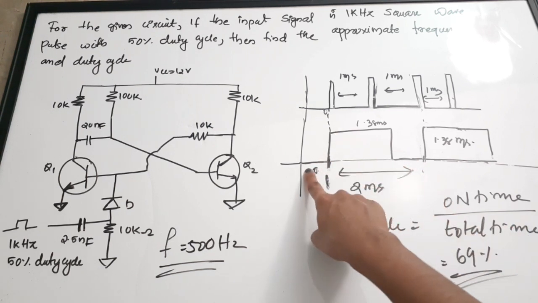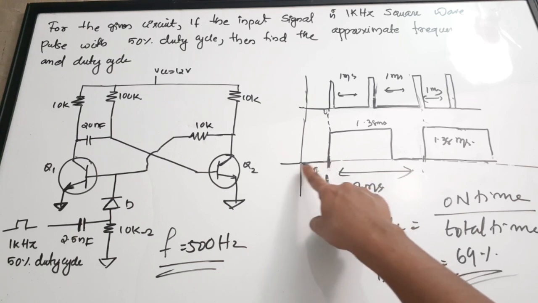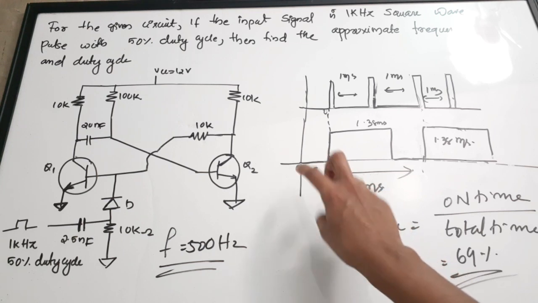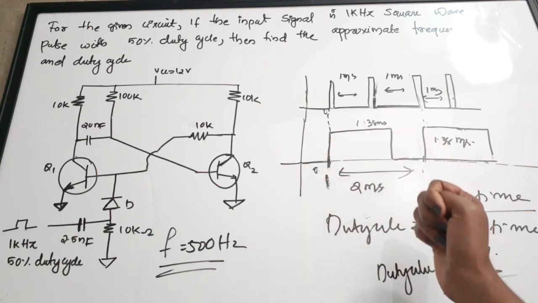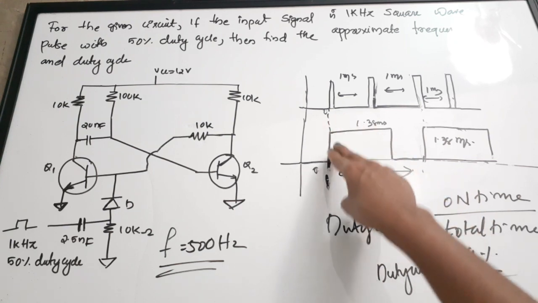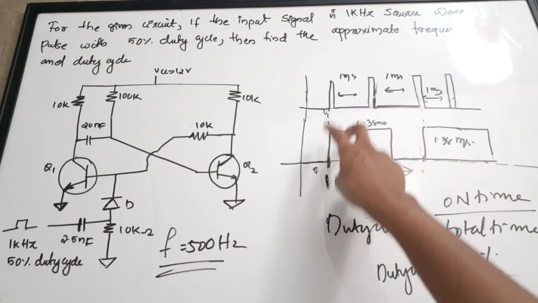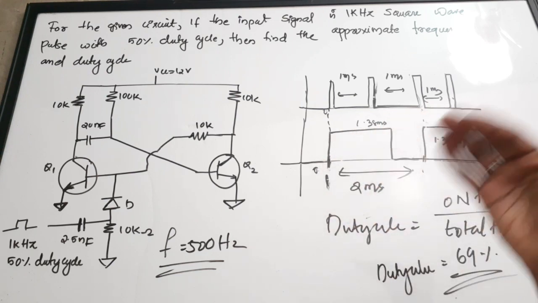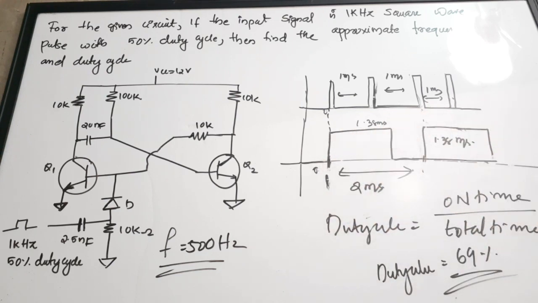So we have taken our stable state as 0 volt, and then it shifts to VCC during the coming of this triggering pulse. Then it will stay in this unstable state for some time. We have to first calculate the time period of the wave. Only then we will identify for how long the wave will remain in the unstable state.